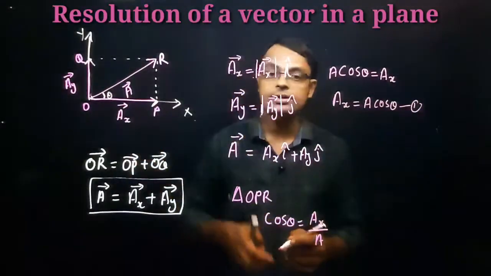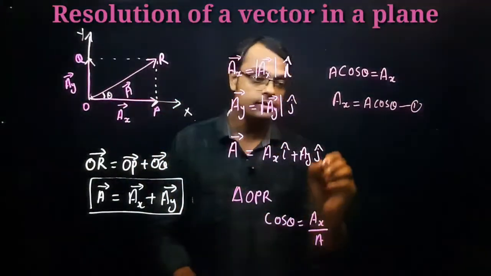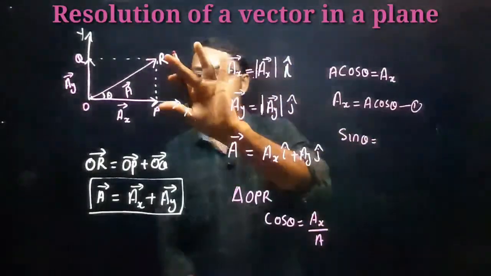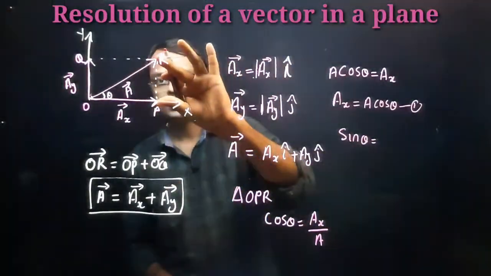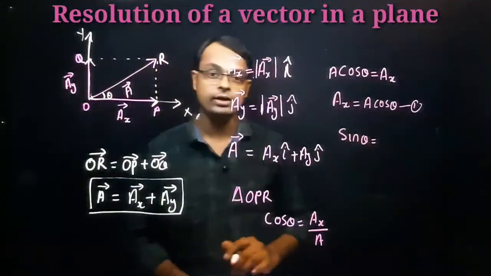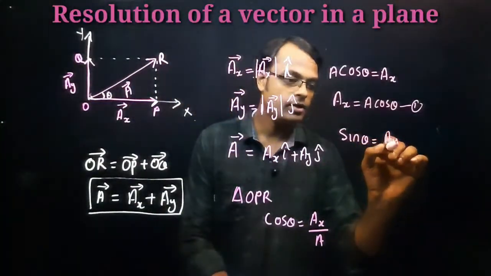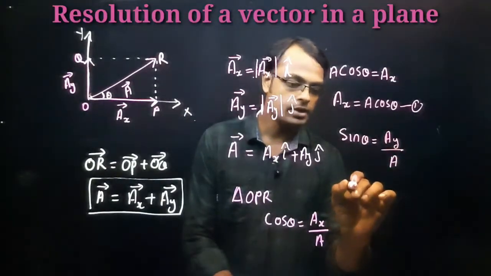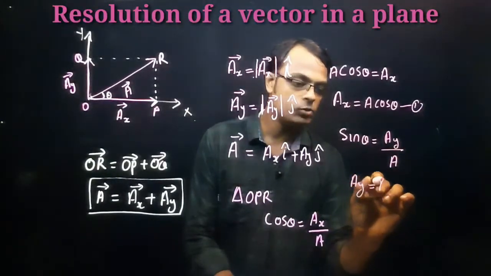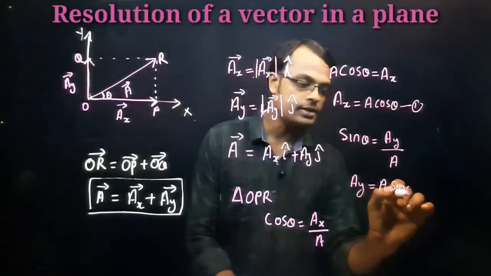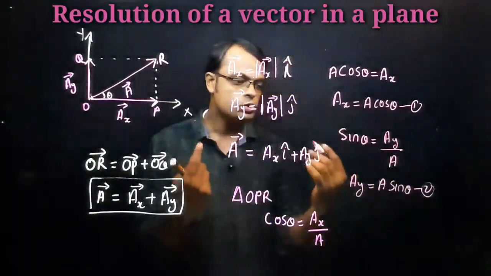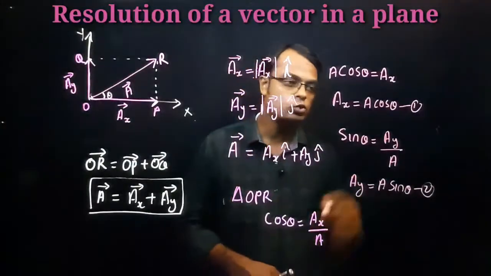In the same way, you find sine theta from the same triangle. Sine theta is equal to the opposite side, which is A_Y, divided by the hypotenuse, which is A. So we can write A_Y is equal to A sine theta, equation number 2. Now square and add these two equations.